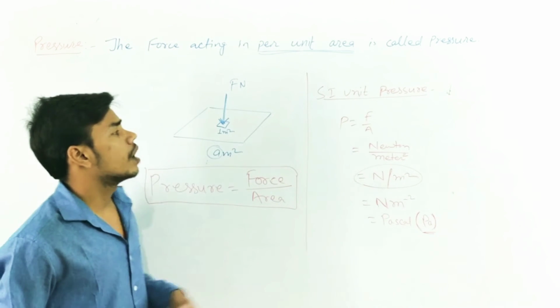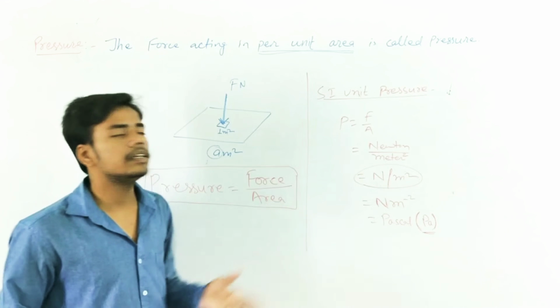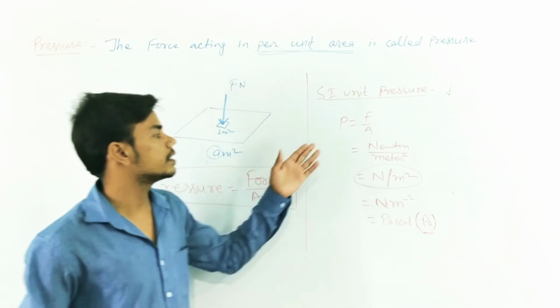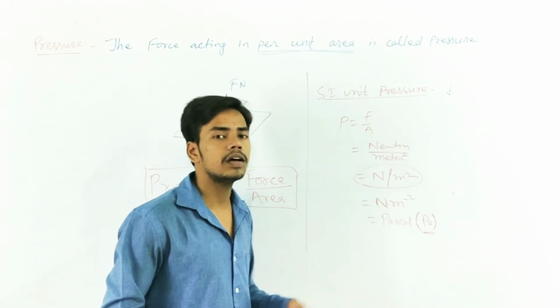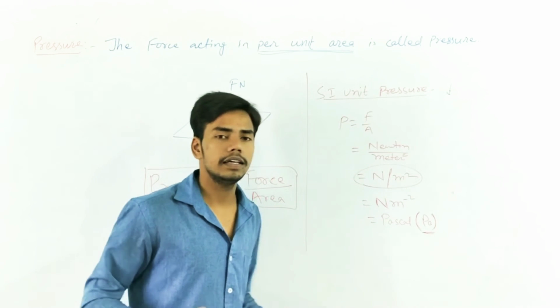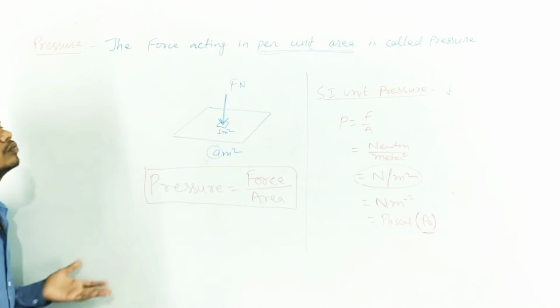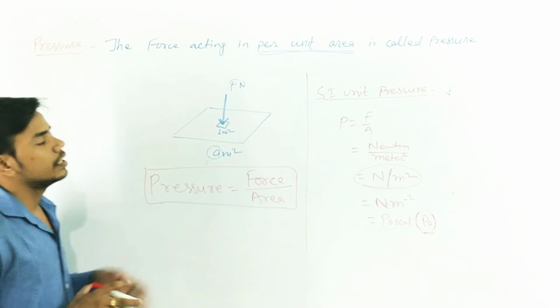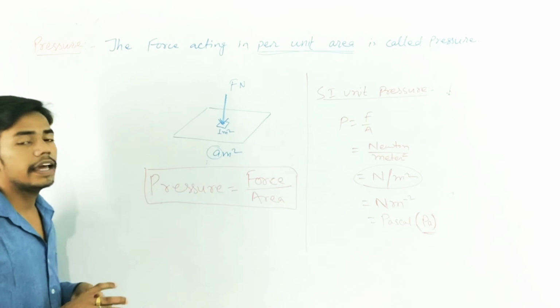Okay guys, so I hope you have understood the SI unit. The SI unit is taken as Newton per meter square, or it can also be taken as Pascal, that is Pa.